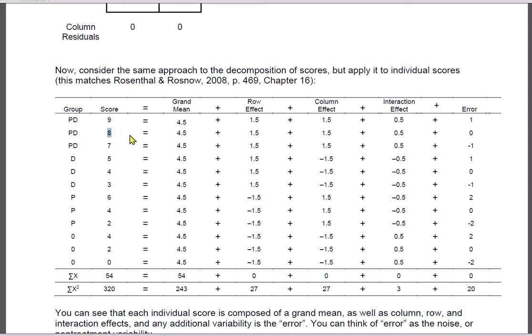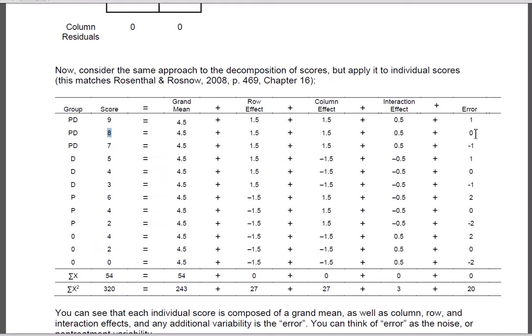Now the second individual here does have a score of 8, and we can see that that's made up of that person's baseline for the entire experiment, the treatment effect for rows, plus the treatment effect for columns, plus the interaction of those two treatment effects of getting both of them. There's an interaction effect, you get a little bit of a bump. And then plus 0, because 4.5 plus 1.5 plus 1.5 plus 0.5 is 8.